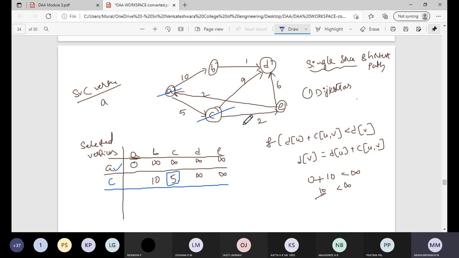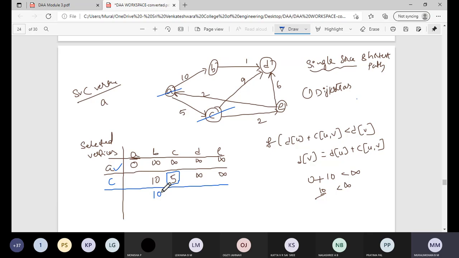So we can update both D and E values from C, but we cannot update this B value from C. So we will take it as it is. Is it clear? Okay, now C is already selected, so we will not calculate again the distance for C.